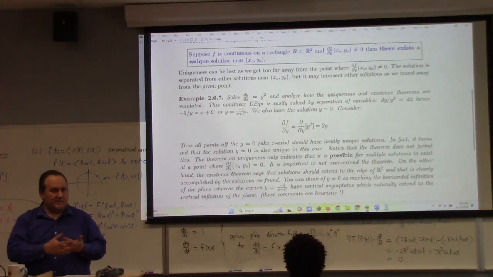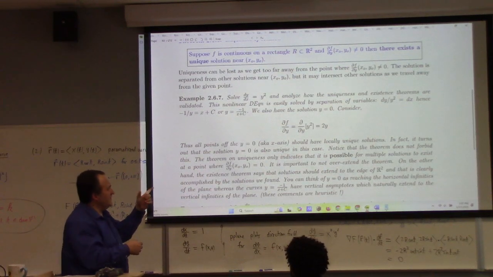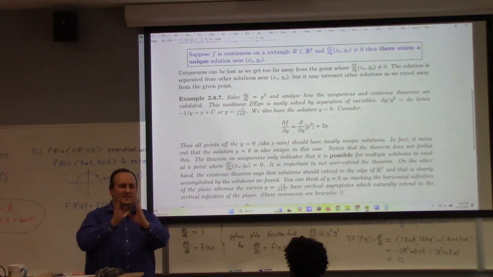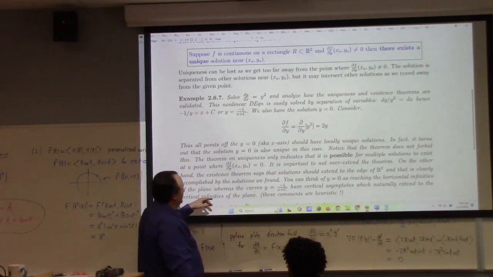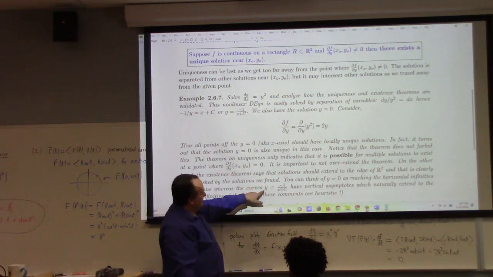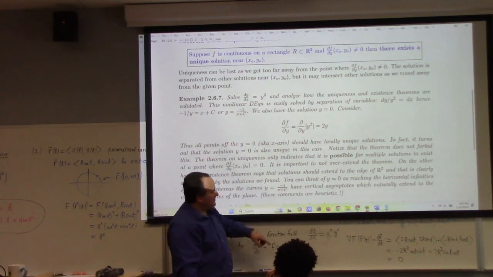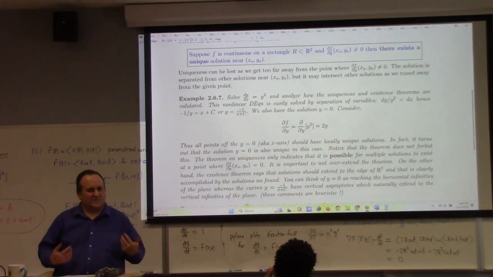Yet if you look at a solution to it, you're not going to be able to continue the solution. Let me show you. The solution ends up being y equals minus 1 over x plus c. So there's a vertical asymptote in the solution.